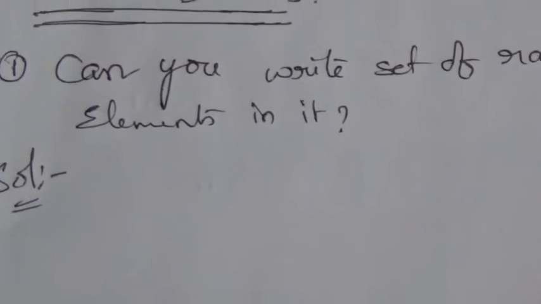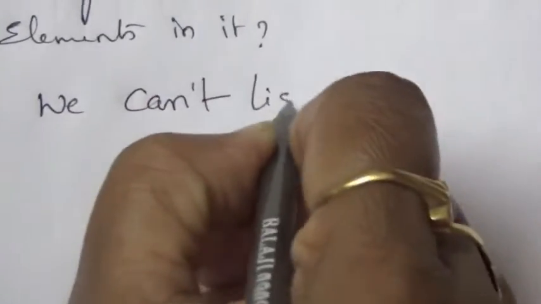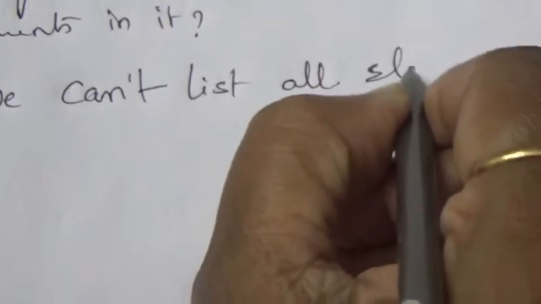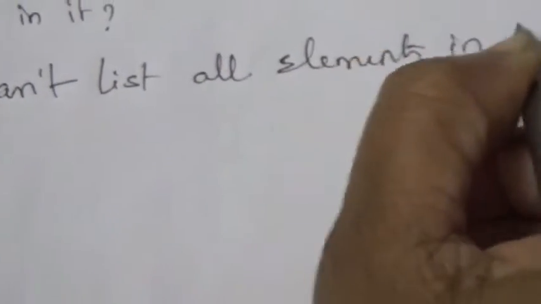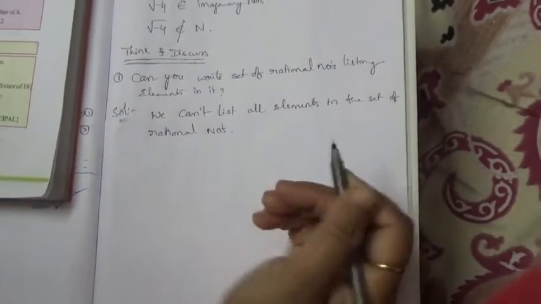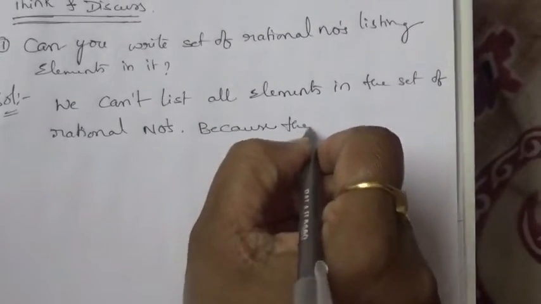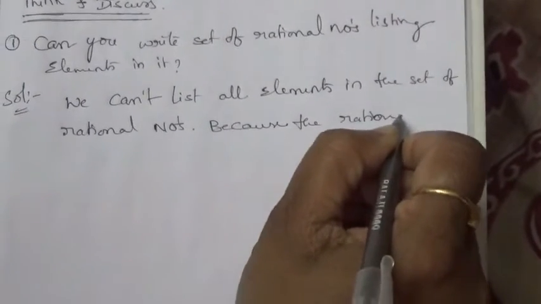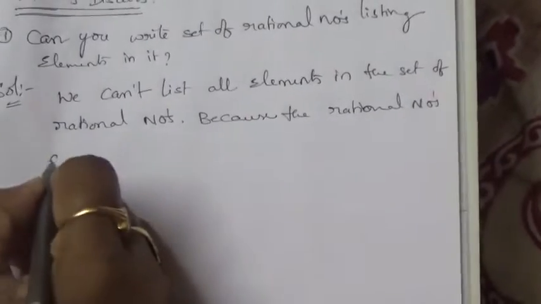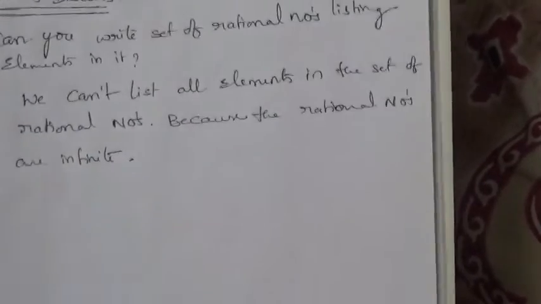We can't list out all the elements in a set. So we can't list all elements in the set of rational numbers, because rational numbers are infinite. Okay, it is the solution for this question.